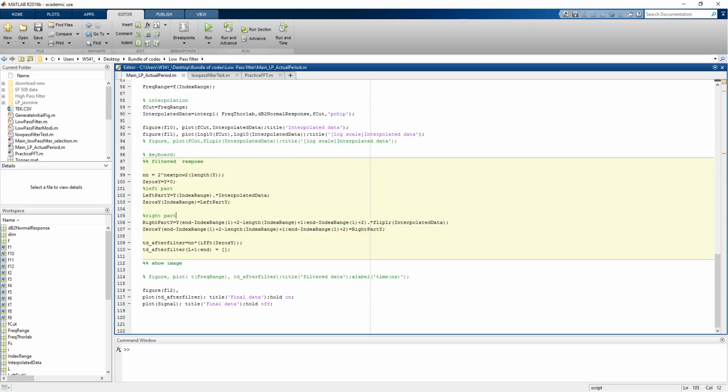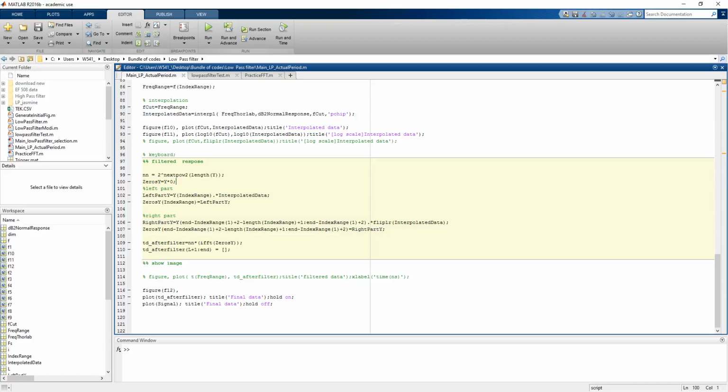To get that index range, we did it the similar way as in part 1: minus index range plus 1. If you bring that one here, exactly here, this is the last data point, then if you subtract the length of the frequency range, that means you are covering the whole thing, and here you put the right part of the data.